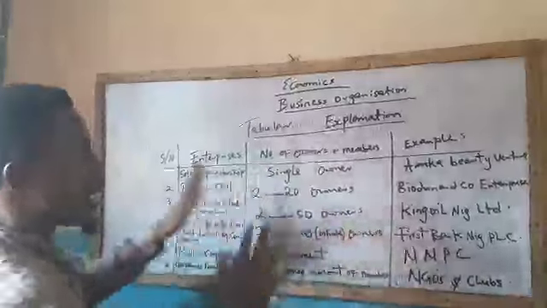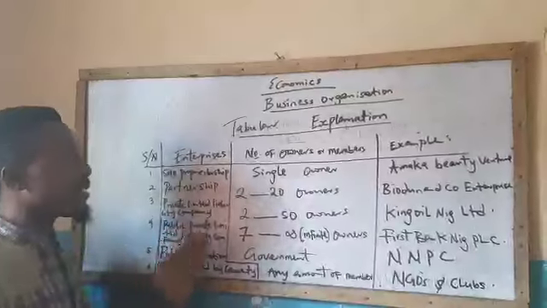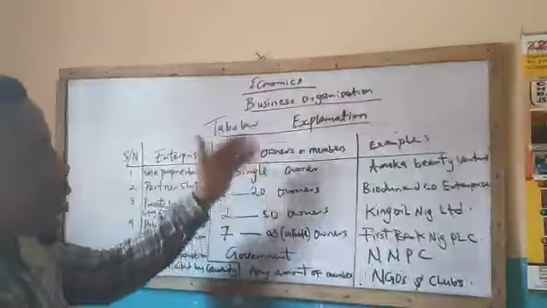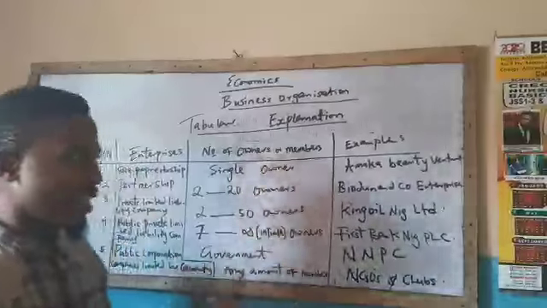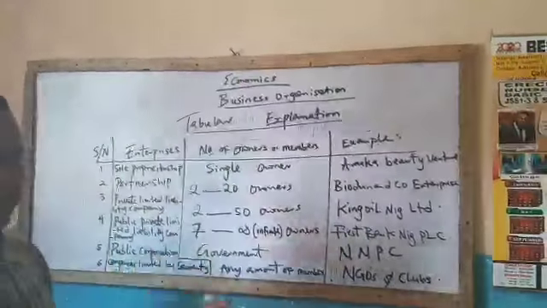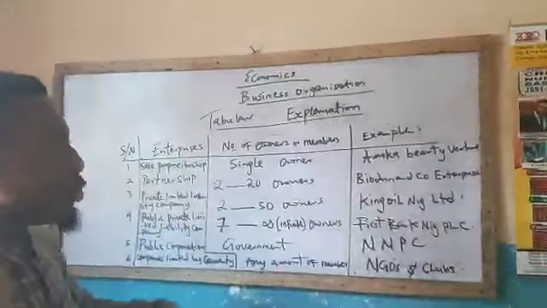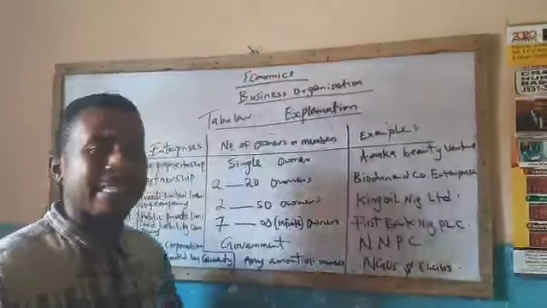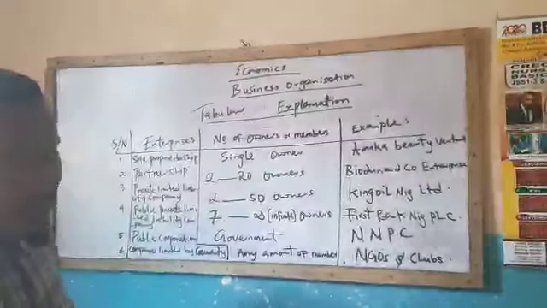You can see the way I separated it. I gave you the type of the enterprises, the number of the owners or members, and the examples of such companies, so that you can see how the company will look like. In case you see any name of any company, you can tell which company is public limited or private limited, or as the case may be.